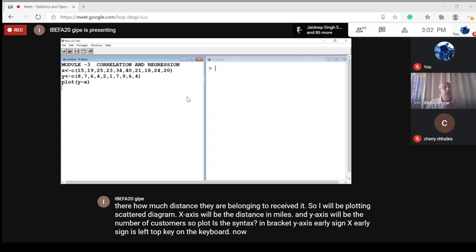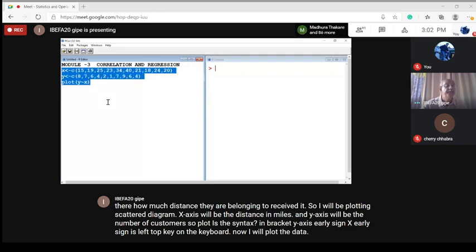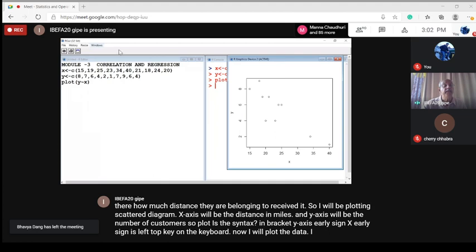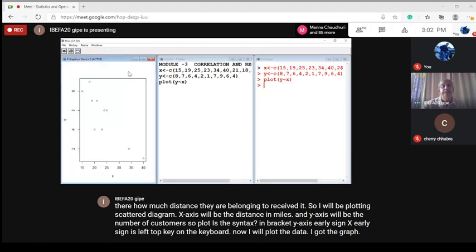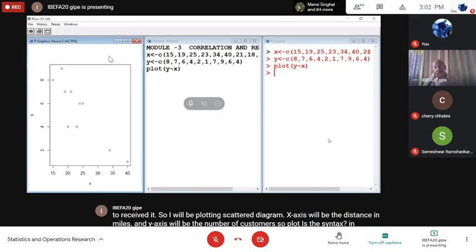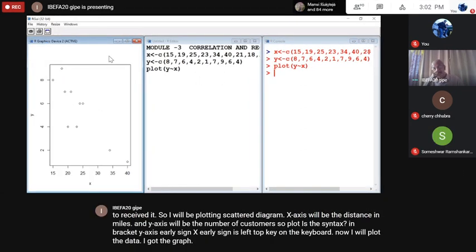Now I will plot the data. I got the graph.